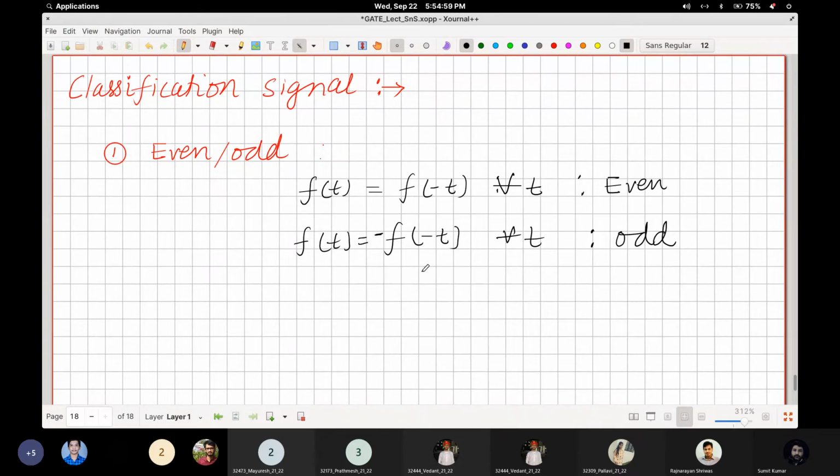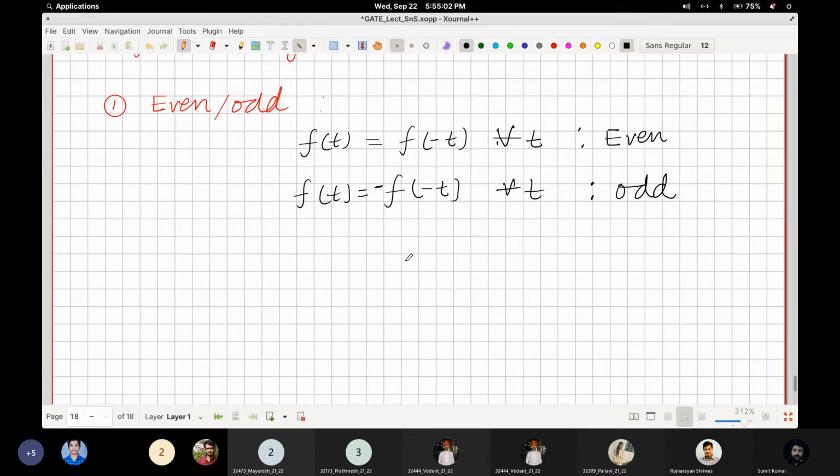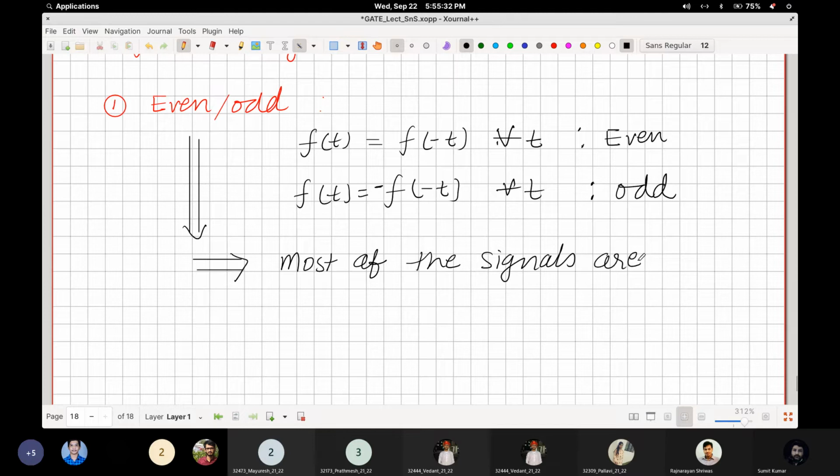Yes. Okay. Most of the time the signal is going to be neither even nor odd. Most of the signals are neither even nor odd, right?